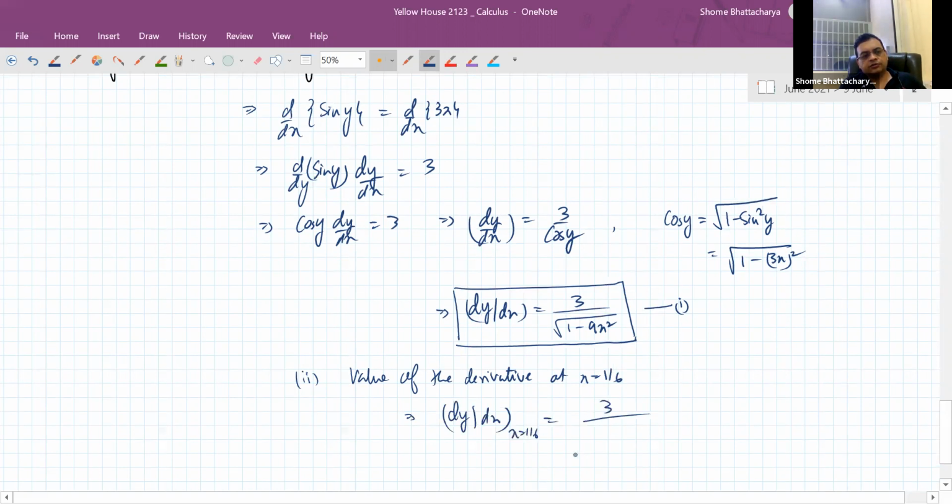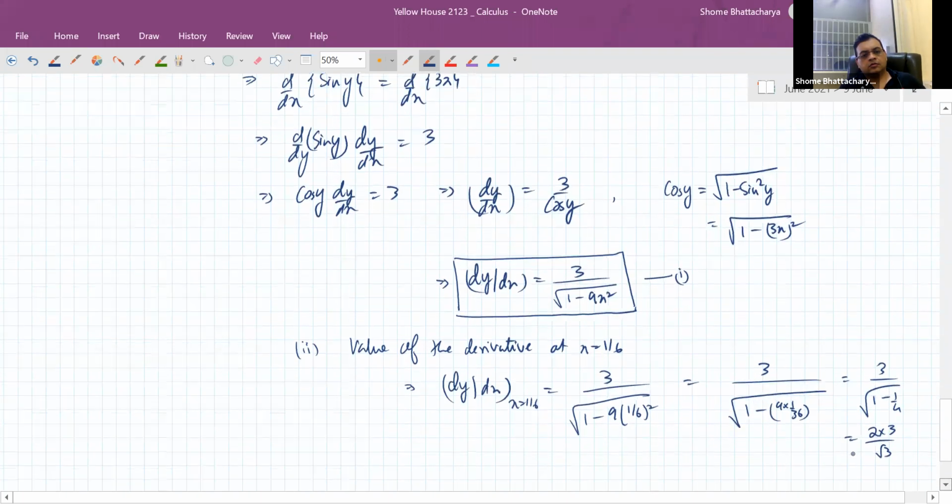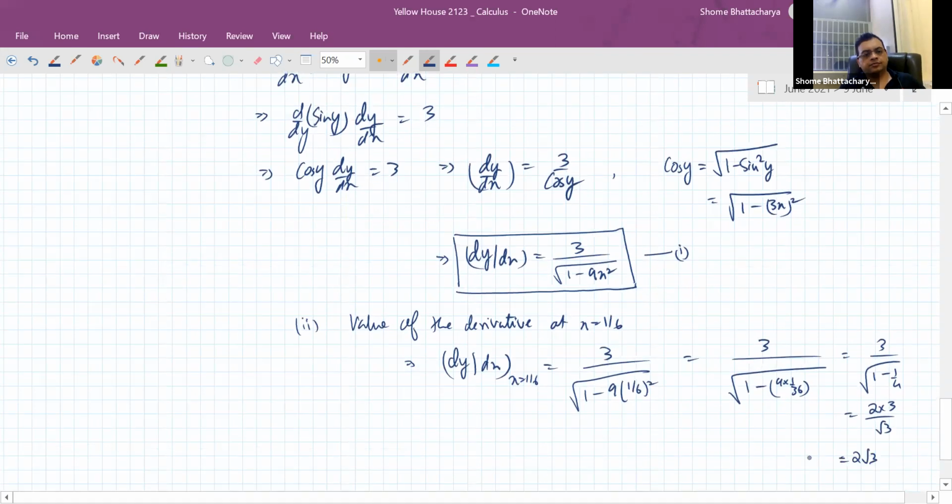So that will become 3 upon square root of 1 minus 9 into 1 by 6 square. Two root 3. Okay, so this becomes this much.